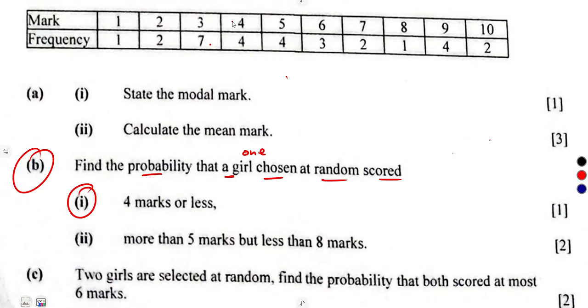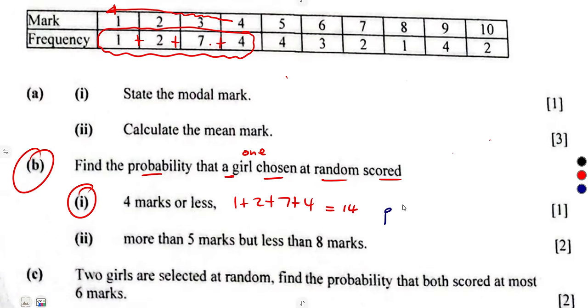The marks here, 4 or less, 4 going down. How many people do we have in that interval? That is the frequency. You add these in that interval: 1 plus 2 plus 7 plus 4. Those who scored 4 or less were equal to 14.